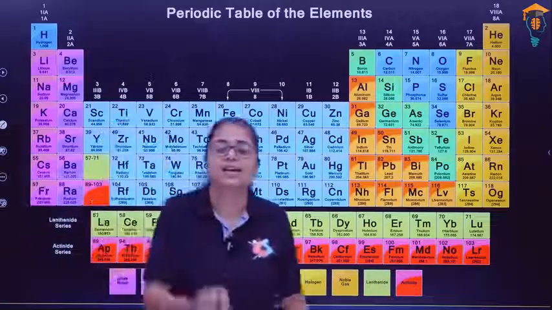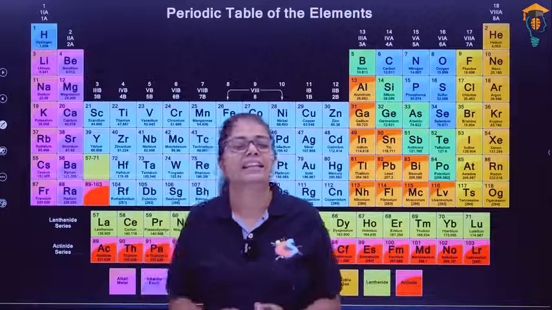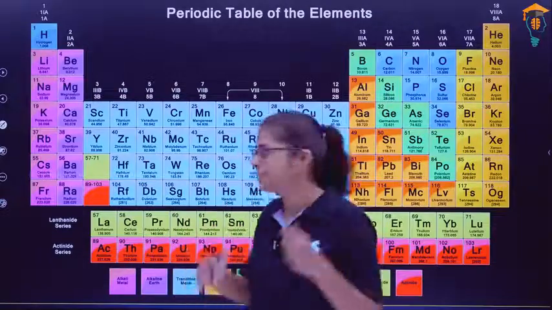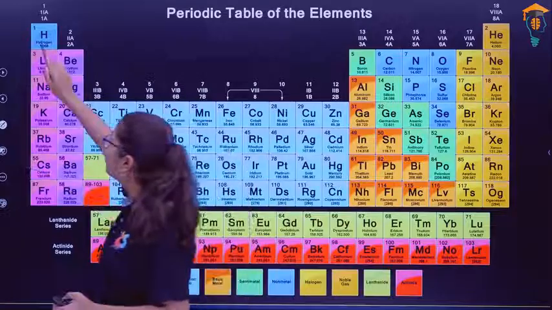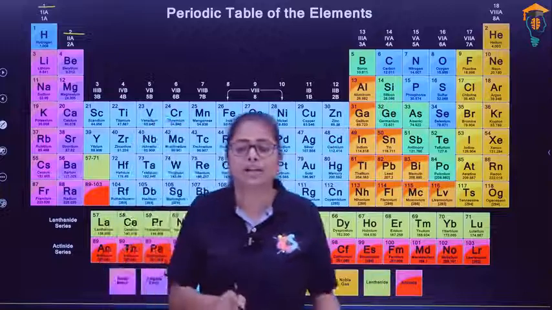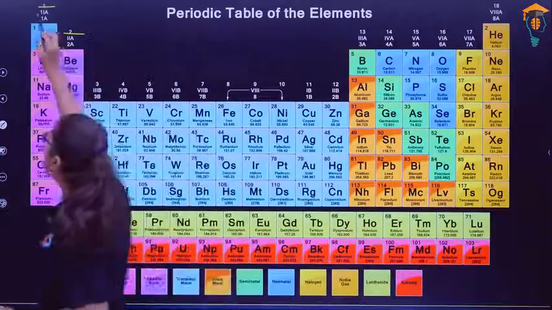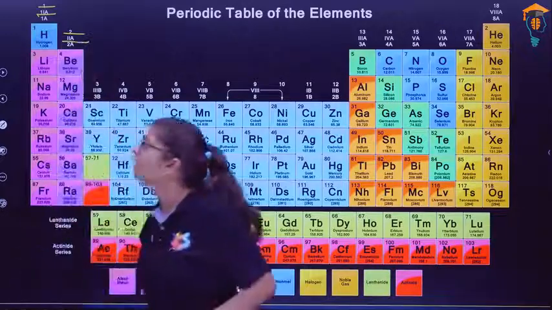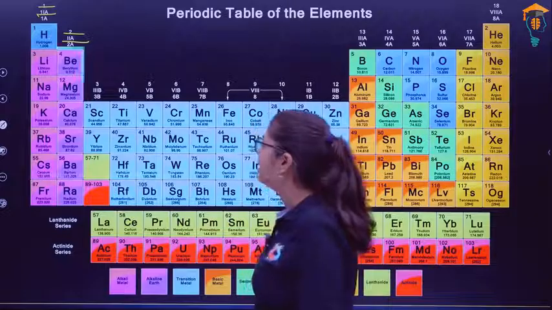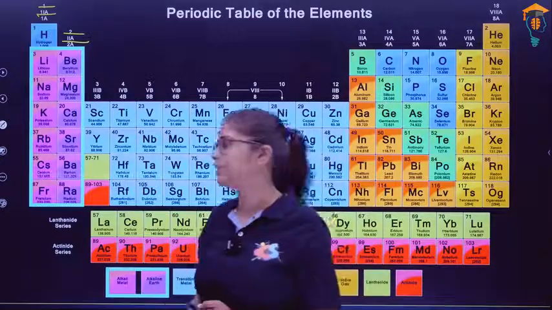Group 1 is called alkali metals, and group 2 is called alkaline earth metals, and we have to study both these families. This will be group 1, this will be group 2, and from the Mendeleev periodic table we can also call them first A and second A. So I hope you understood, right? We have two families to study in this chapter.